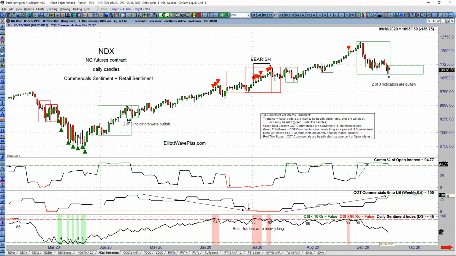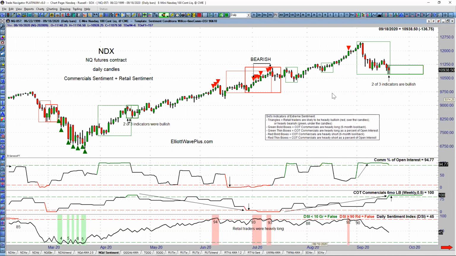So I would take that into consideration, that during topping processes in the stock market, there's often a dogfight, an attempt to rotate, but it may be that large cap tech is still a major magnet for money managers.